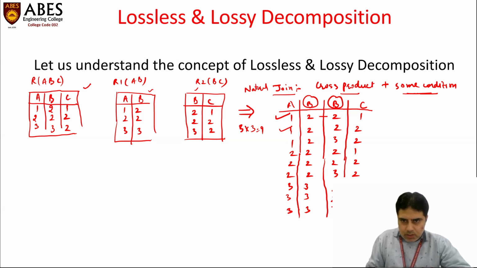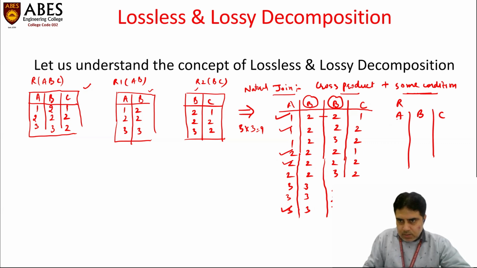Both are equal, we will select this. Now both are equal, we will select this. Both are not equal. Both are not equal. Both are equal. So after the natural join, the output table has A, B, C.